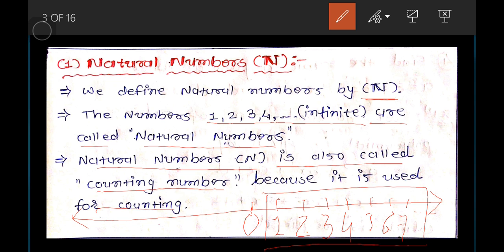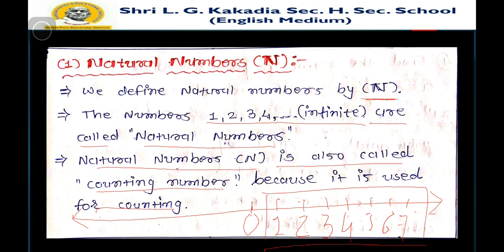So we count things, and we can say that natural numbers are counting numbers. So the first definition is natural numbers: the positive numbers 1, 2, 3, 4 and so on are known as natural numbers.